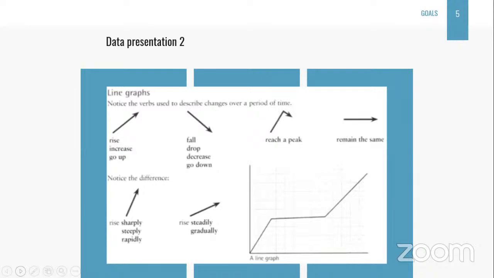Okay, thank you so much. As you can see, we have here rise, increase, or go up, but it's not the same as this one. This means rise sharply, steeply, or rapidly. And here we have rise steadily or gradually. It seems that it is not so fast.